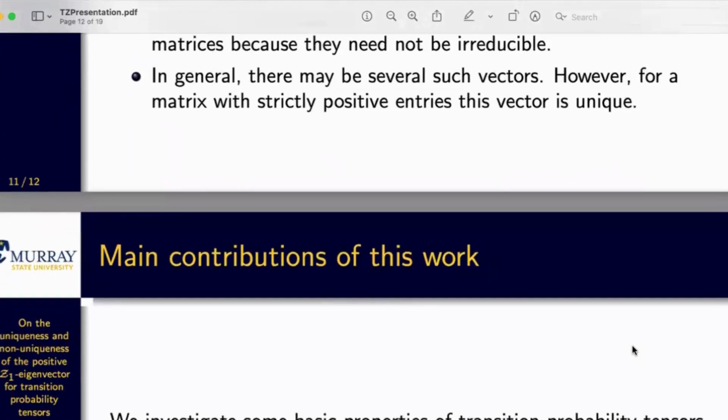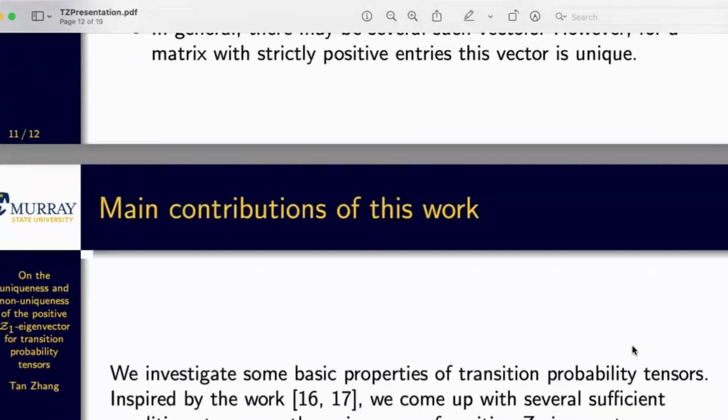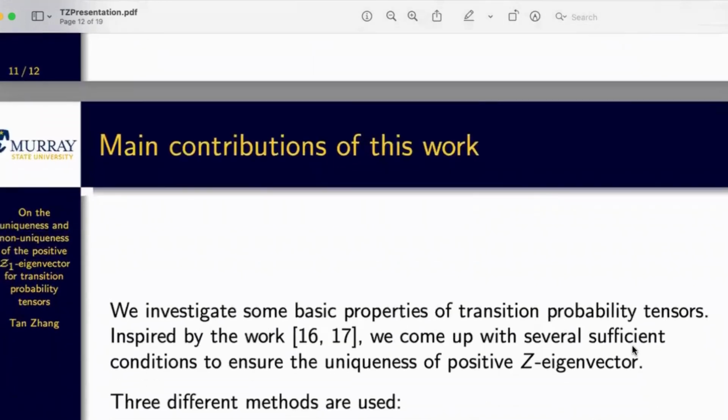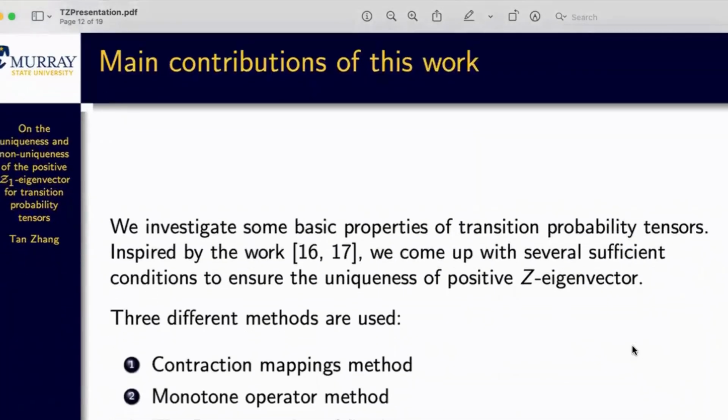Our contribution to extend this line of work to higher order Markov chains or transition probability tensors is based on the pioneer work done by Professors Ng and Wen. Different from their approach, we come up with some other methods, and we end up with several sufficient conditions to ensure the uniqueness of positive Z eigenvector.